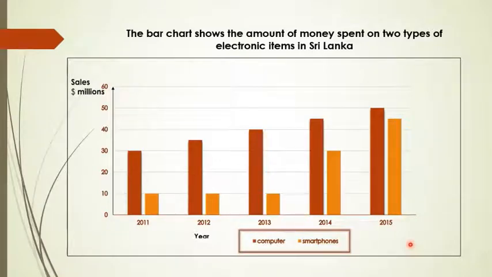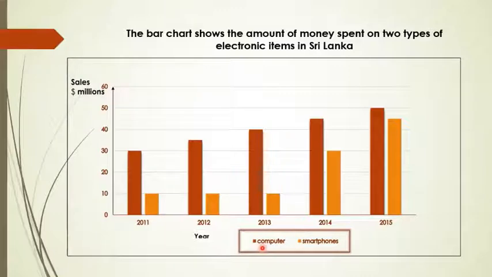The bar chart, which you could see now, shows the amount of money spent on two types of electronic items in Sri Lanka. What are the two types?